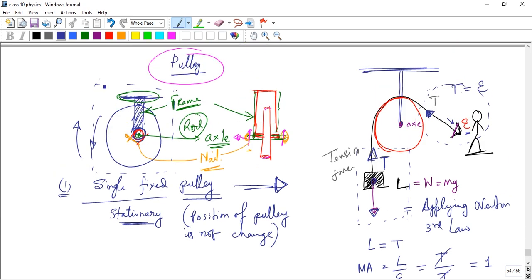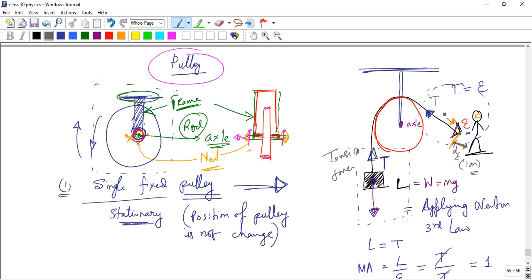Okay, see that diagram. Here some person A pulls the rope, and the rope end is displaced in that direction. Suppose that displacement is 1 meter or 1 unit.